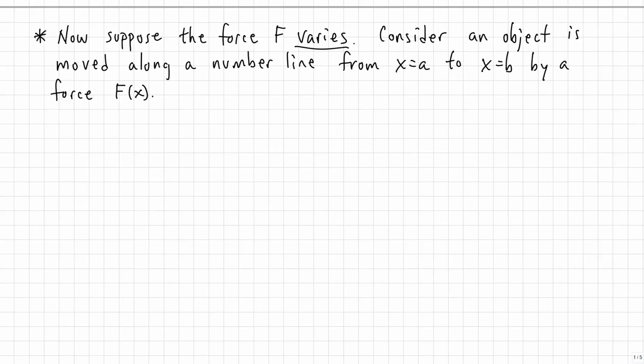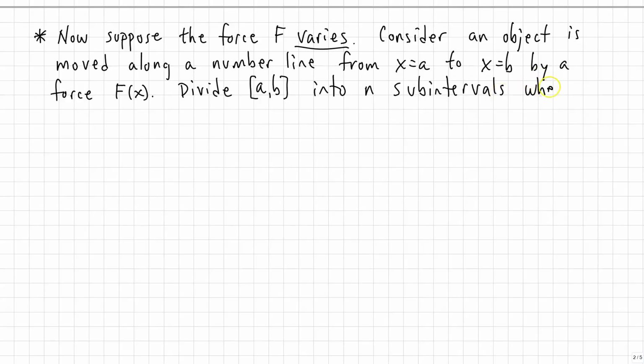Okay, so let's go ahead and divide our interval a to b into a finite number of subintervals, n subintervals, where our left endpoint a will be equal to x sub 0, which is less than some x1, which is less than some x2, and then x sub n will be our right endpoint b.